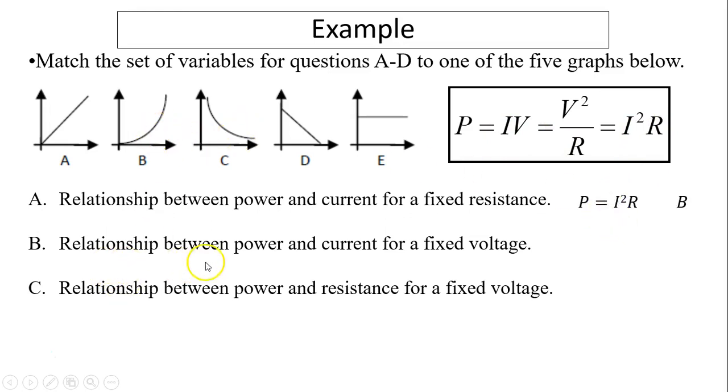So the answer is B. Relationship between power and current for a fixed voltage. That will be P equals I times V because voltage is constant. So that's a direct relationship. That's A. Relationship between power and resistance for fixed voltage. That will be this one, P equals V squared over R. This is the inverse relationship. So the answer is C.